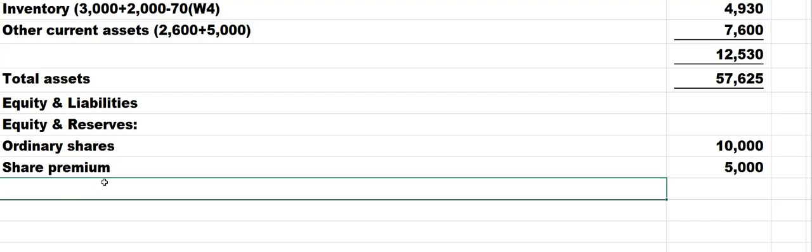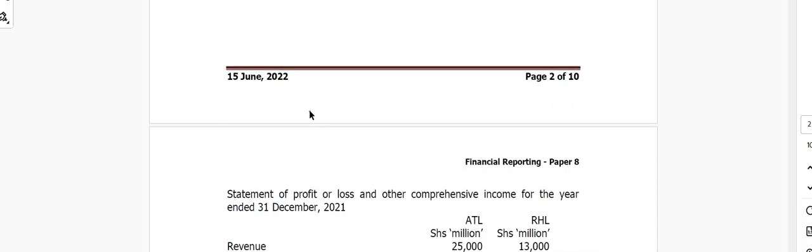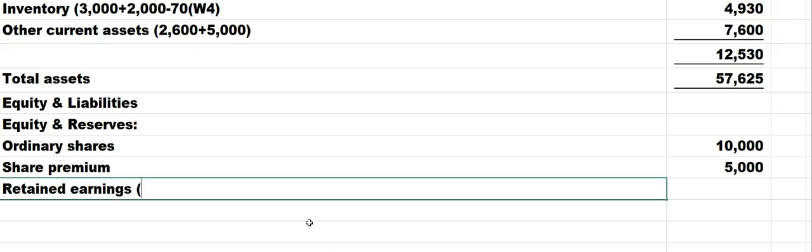Then retained earnings. This time around you don't need comprehensive working. You have the retained profits as at 1st Jan 2021 of the parent, that is 6,200. So that 6,200 is what you're going to bring here.